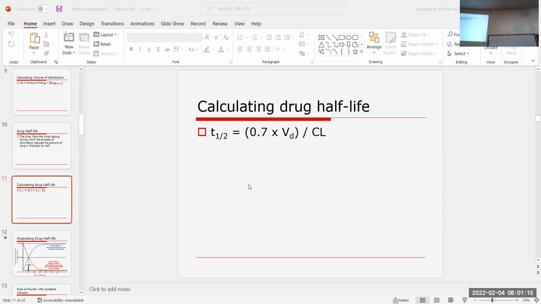It's 0.693 divided by the elimination rate. That would be clearance, the sum of clearance by any means, the total clearance. That would be how you would calculate the drug half-life. And so, Bracken, that gets to your question. If your clearance is high because it's being trapped in the urine, or in bile, or wherever, and then getting excreted and not reabsorbed, then sure, the bigger that number is, the lower your half-life is going to be, isn't it?